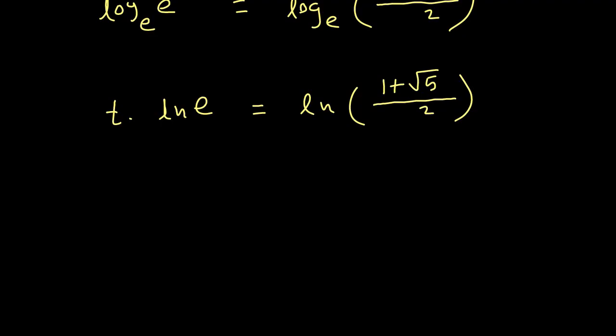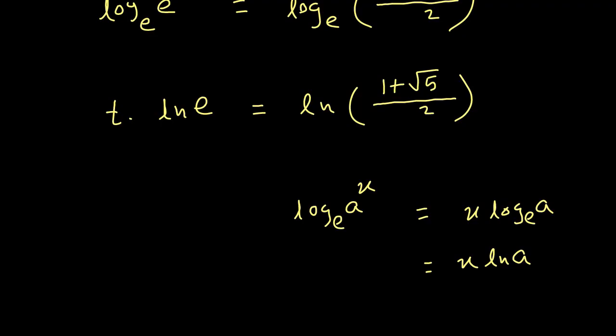Since we know if we have log base e of a to the power x, we can write this as x log base e of a, and log base e we can express as ln, so we can write x ln a. So we have applied this rule here.